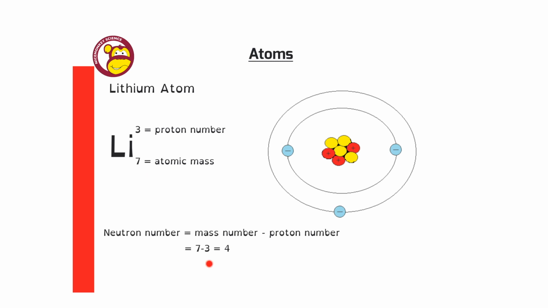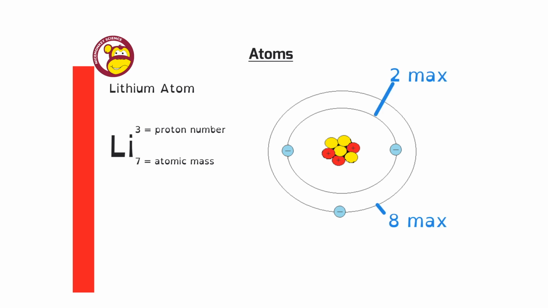So as you can see down here, we've got 7 minus 3, leaving us 4. So that means out of the total mass of 7, because 3 of them are protons, 4 in the middle of the nucleus, 1, 2, 3, 4, must be neutrons.